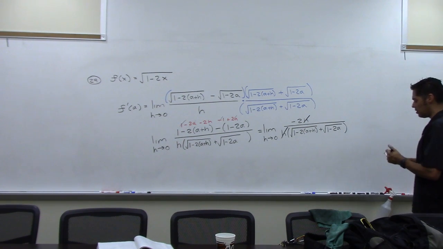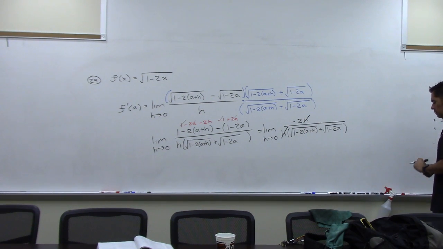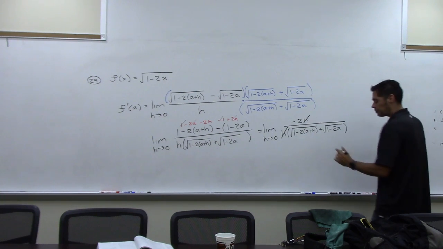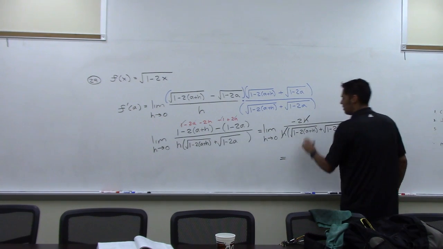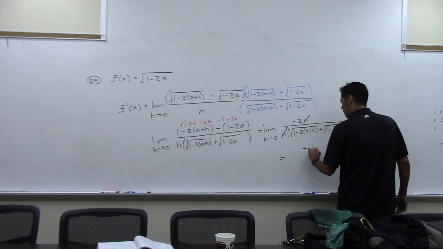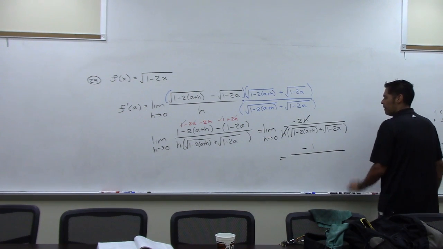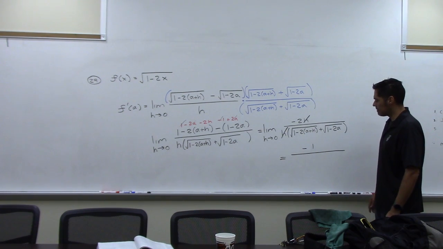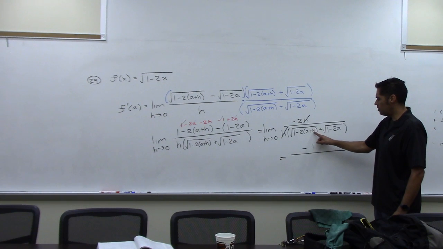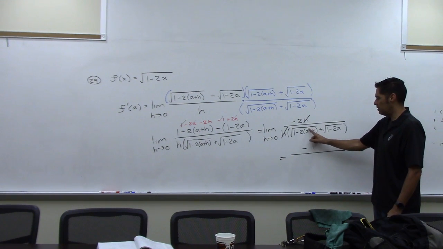And these h's cancel. And now I can let h go to 0. And when I do, I still have a negative 1 on top. And on the bottom, if h is 0, then this is just a. So this becomes 1 minus 2a under a root.